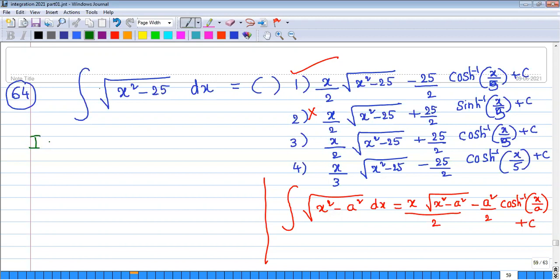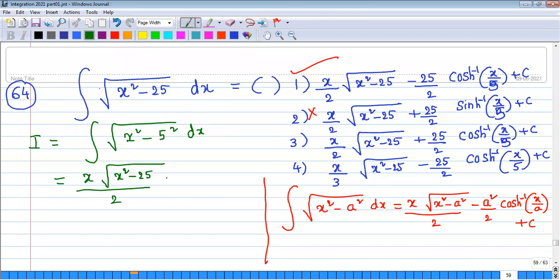Because this we can write root of x square minus 5 square dx. So x under root of x square minus 25 upon 2 minus a square, 5 square by 2, cos h inverse x upon 5.